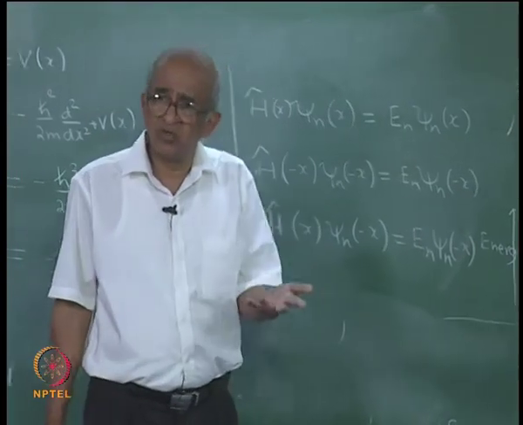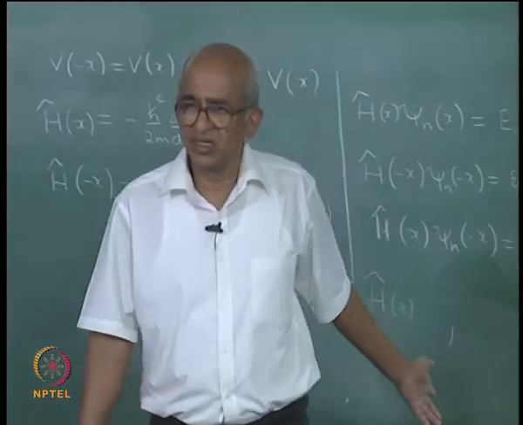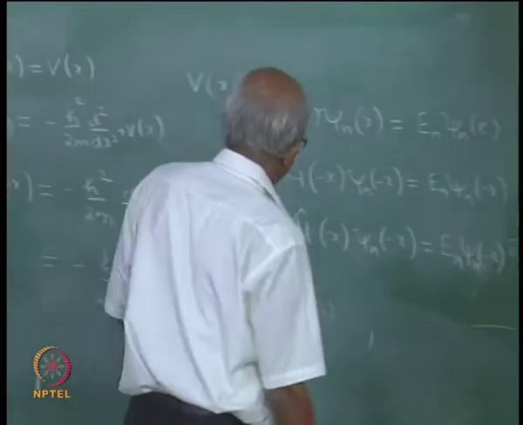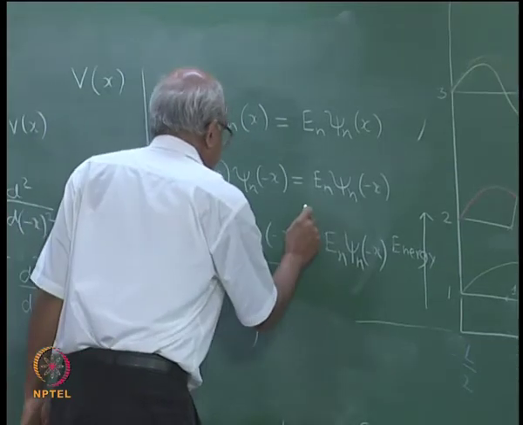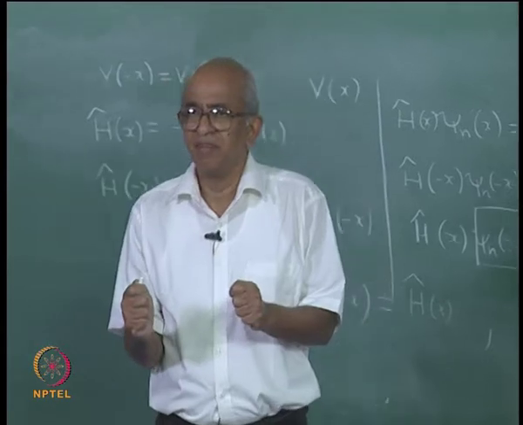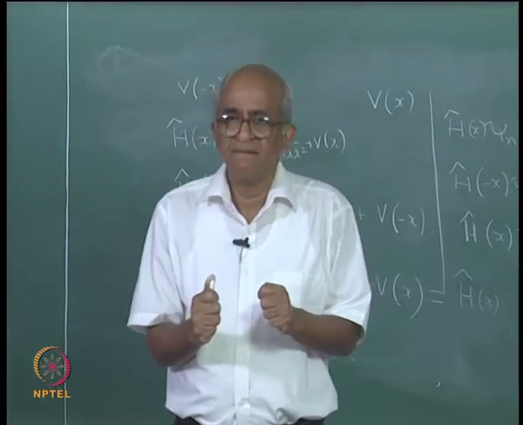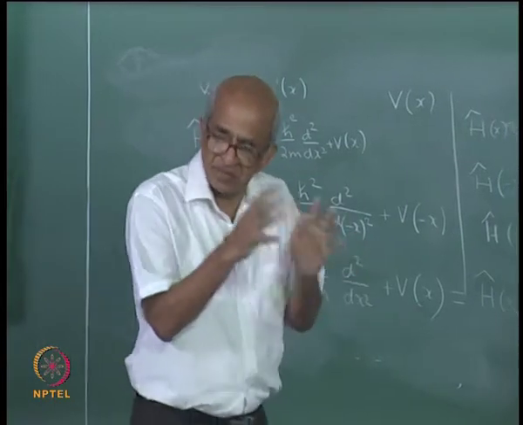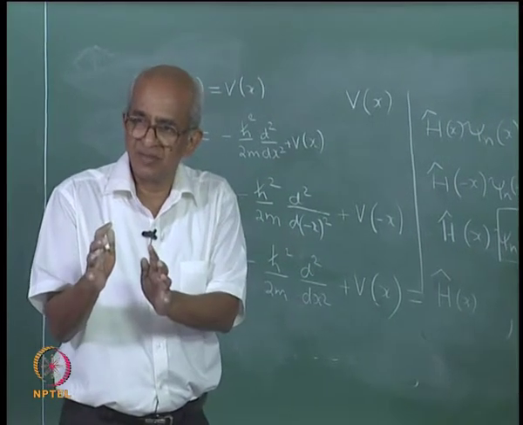But I know that there is only one state which obeys the Schrodinger equation with that eigenvalue. And therefore, what is the result? This psi n of, or sorry, psi n of minus x must be psi n of x itself, but may be multiplied by some constant.